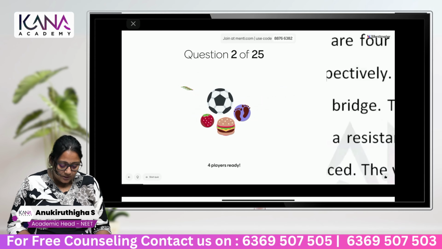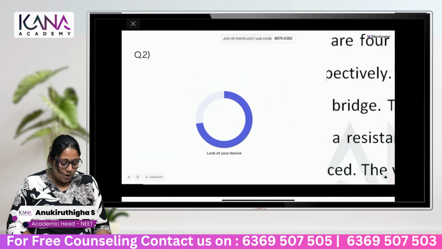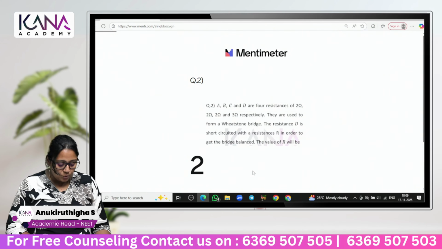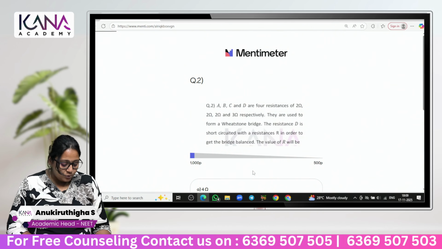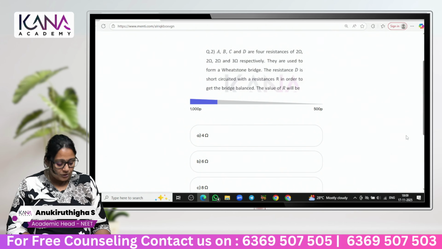And the next question is, A, B, C, D or the 4 resistances of 2 ohms இருக்கு, ஒரு 3 ohms இருக்கு. And they are used to form a Wheatstone's bridge. The resistance D is short circuited with the resistance R in order to get the bridge balanced. So bridge balance Wheatstone bridge வச்சு கேட்டிருக்காங்க. The value of R will be, R ஓட value என்னன்னு கேட்டிருக்காங்க. And you're left with 40 seconds.